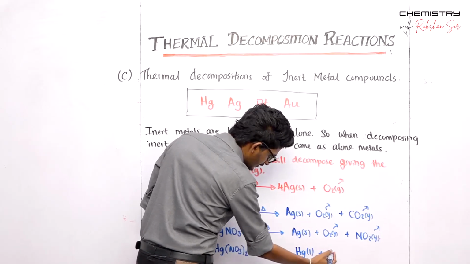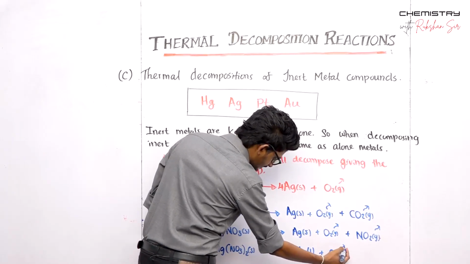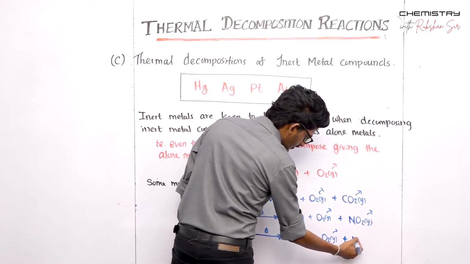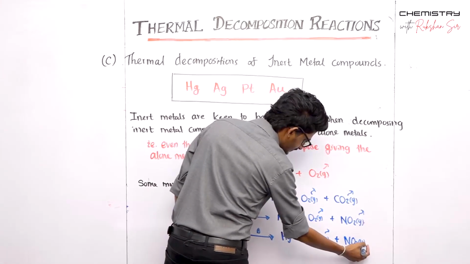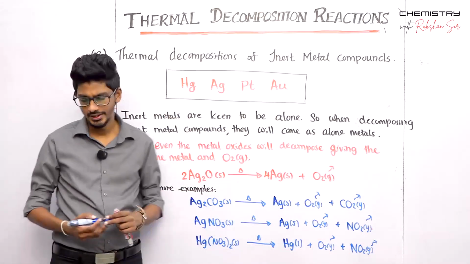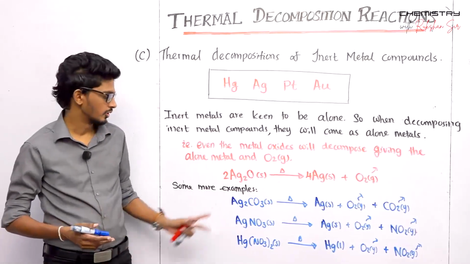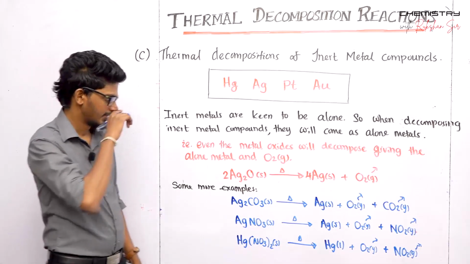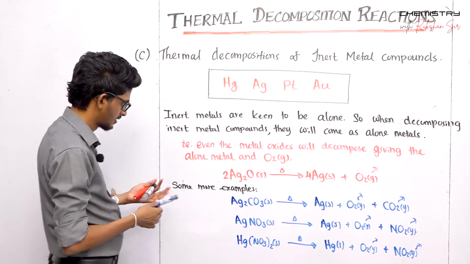Mercury is kind of a liquid, and the nitrogen will give you the nitrogen oxide, then O2. So that is how the products are to be formed. You can balance these by inspection. Let's balance by inspection.